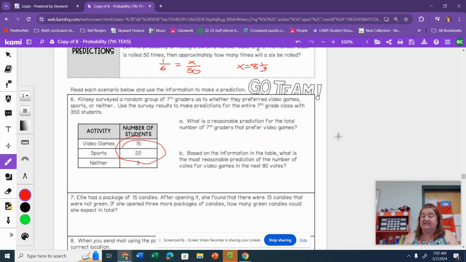Well, this obviously doesn't equal 350. So let's add that up and we see that that equals 40. So what's the prediction for the number that will prefer video games? Well, 15 out of 40 prefer video games. So how many out of 350 will prefer video games?